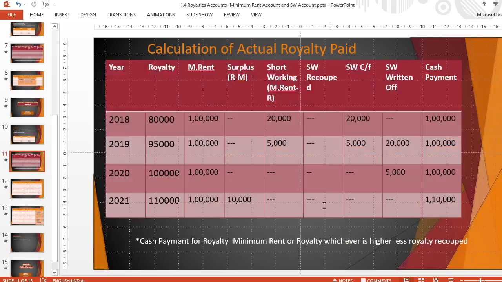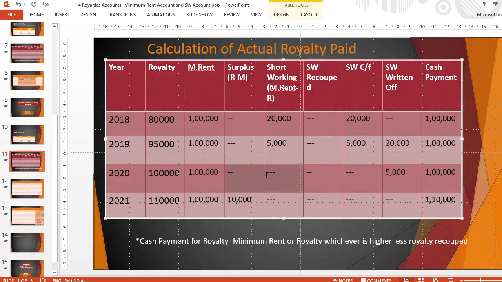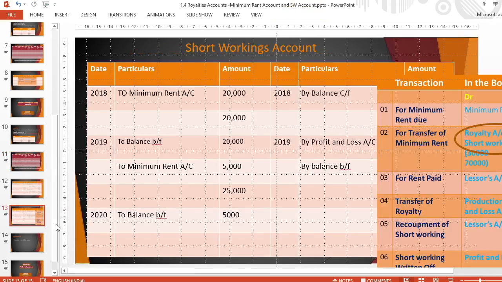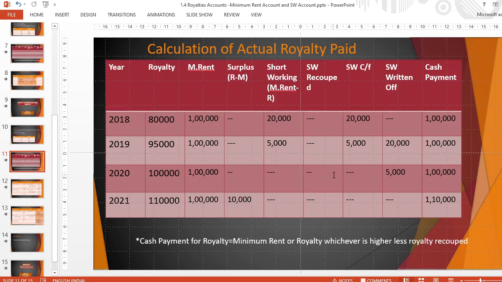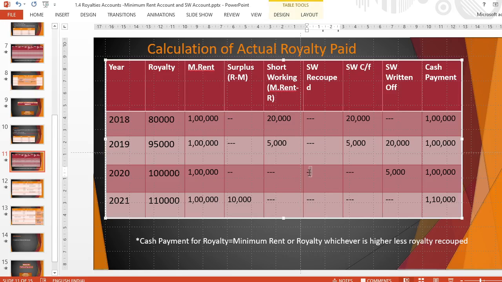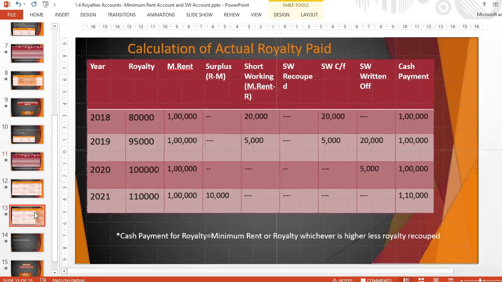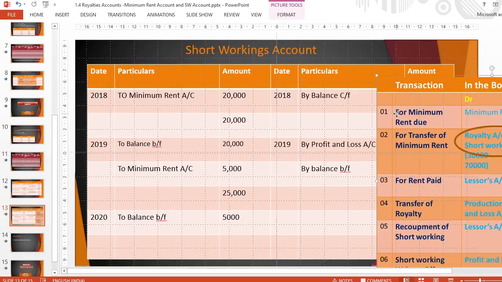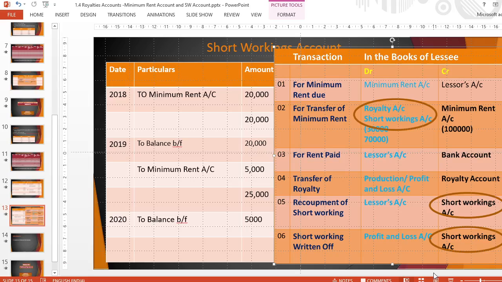And then check, is there any entry for fresh short working? There is nothing for fresh short working, so our first transaction will not appear. And check for recoupment if any. There is no recoupment of short working. And check, is there any amount written off? Of course, we have written off the balance. For written off, the journal entry is profit and loss account debits to short workings account.